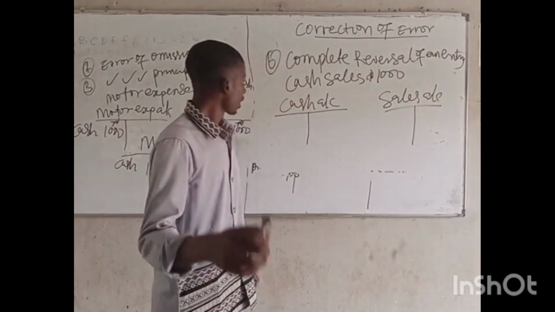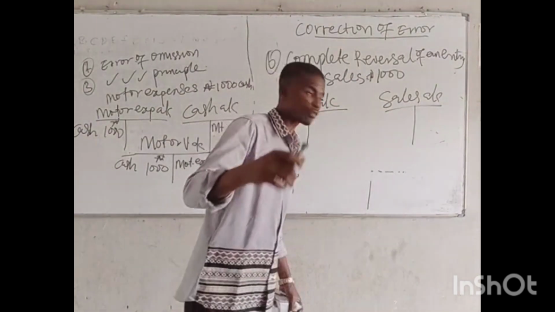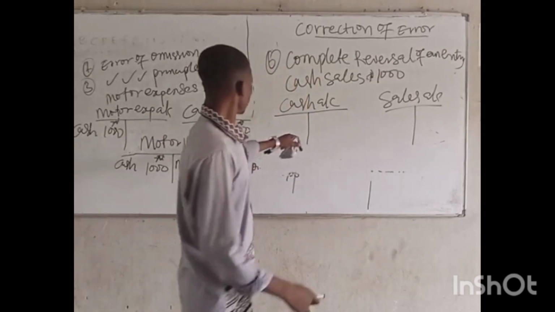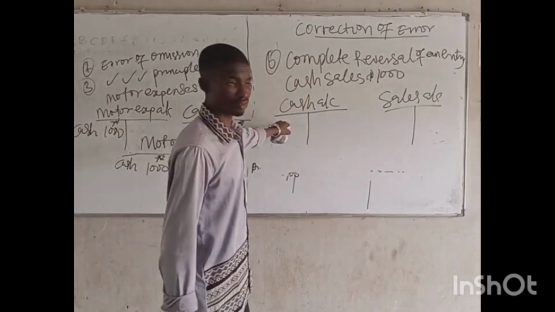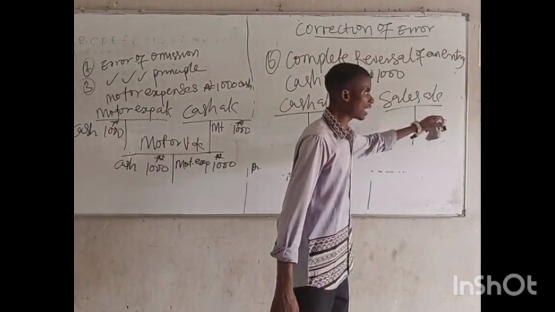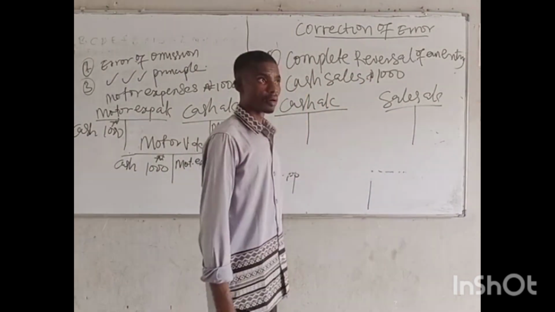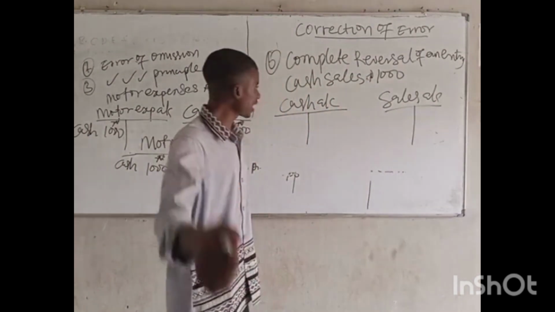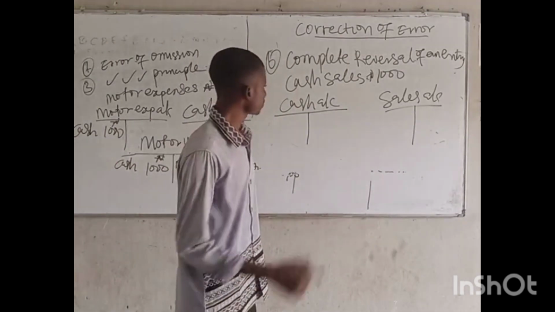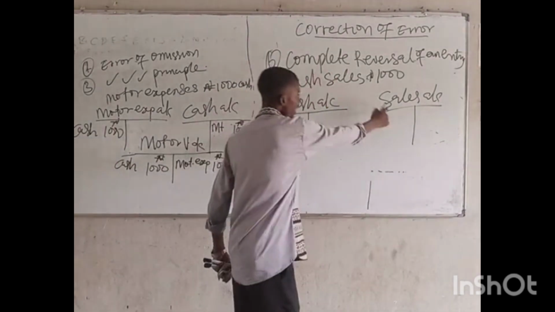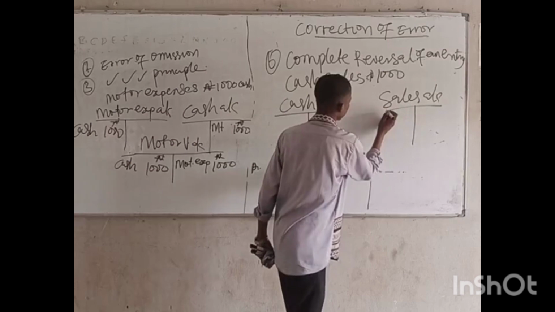So what we would have done is to debit the cash account and then credit the sales account. But mistakenly, what was done was that the sales account that's supposed to be credited was debited.